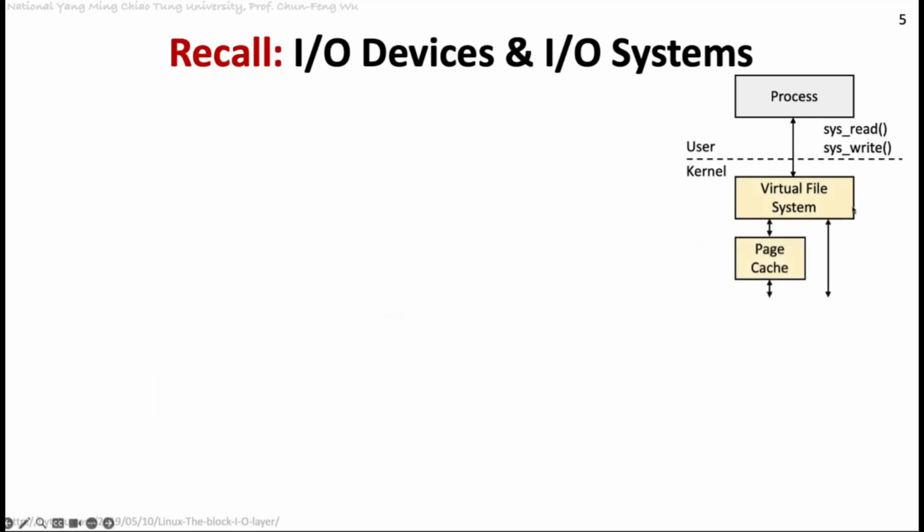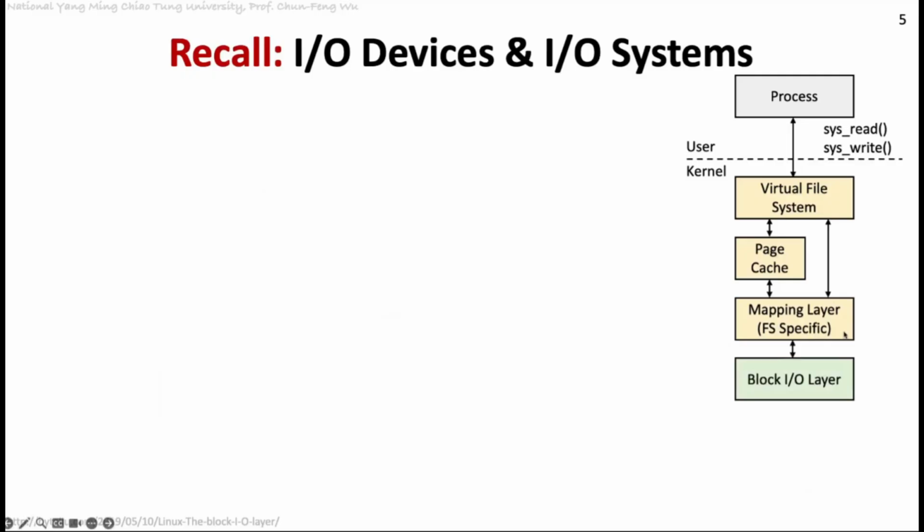Then the virtual file system will check the page cache. If the data is not in the page cache, then we will interact with the mapping layer. Usually the mapping layer is the file system that you already know, like ext4, or the Mac OS file system, or exFAT. They are all file system specific.